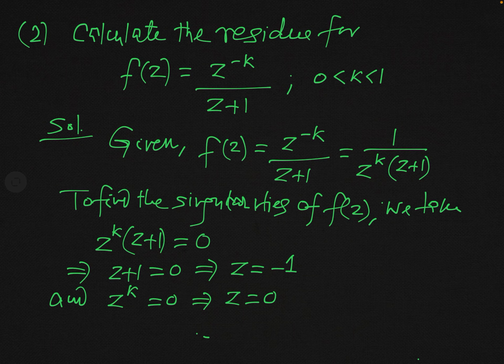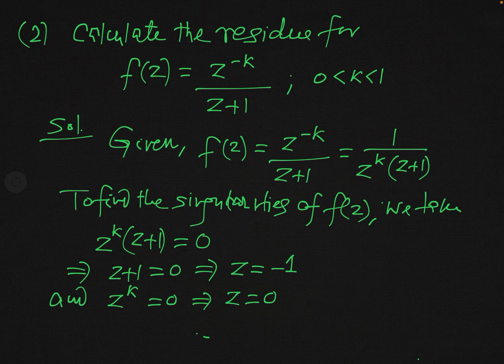It means k is fractional and positive, like 1 over 2, 1 over 3, 1 over 5. It means it is smaller than 1 and greater than 0.